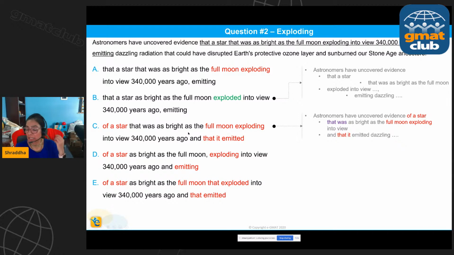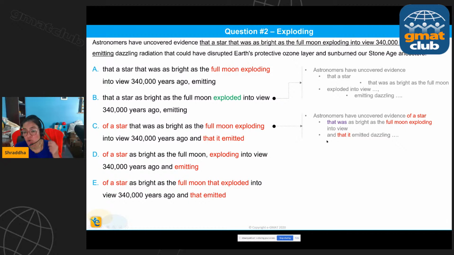So definitely they look parallel. Yes, that was as bright as the full moon and that it emitted. But the problem over here is that they are not even parallel, to be honest. Why? Because this that is a noun modifier. It is talking about the star, but this that is actually a connector. So that way also we definitely have an issue in this sentence.